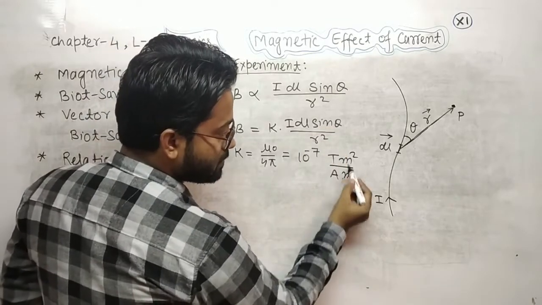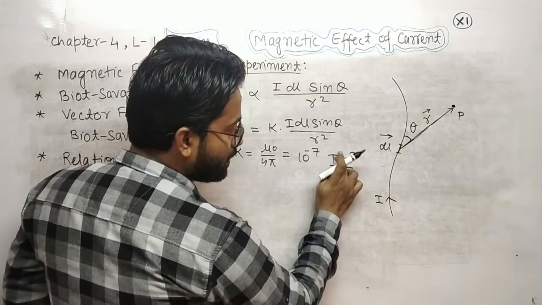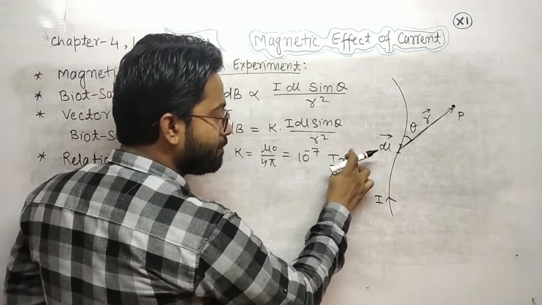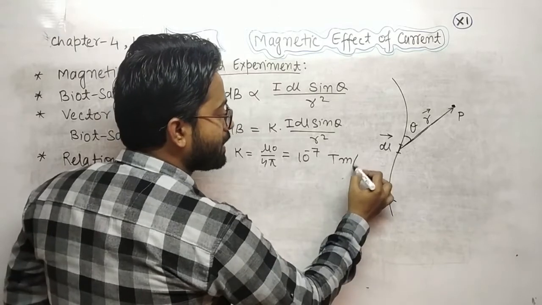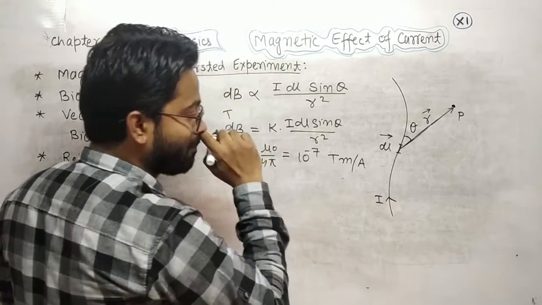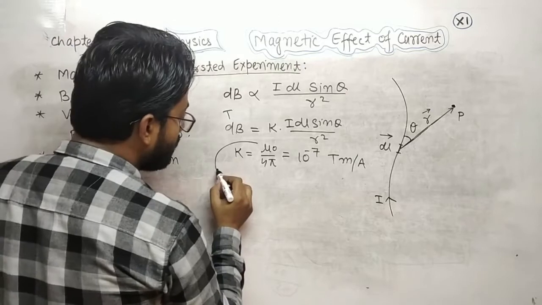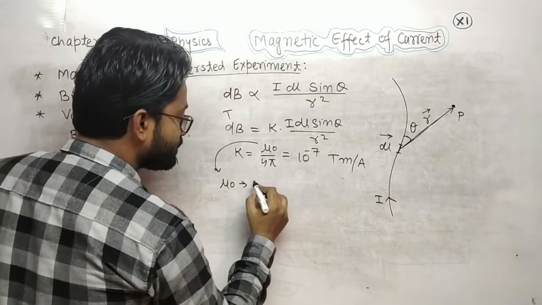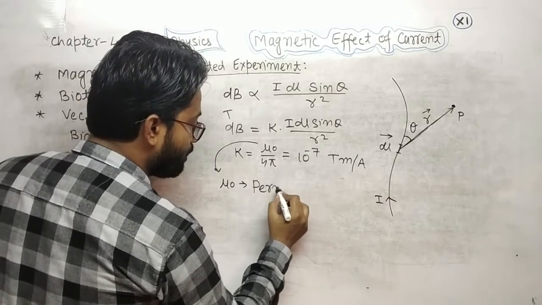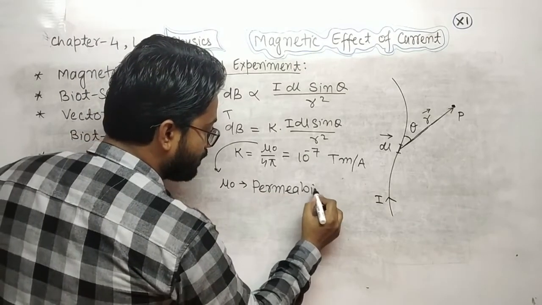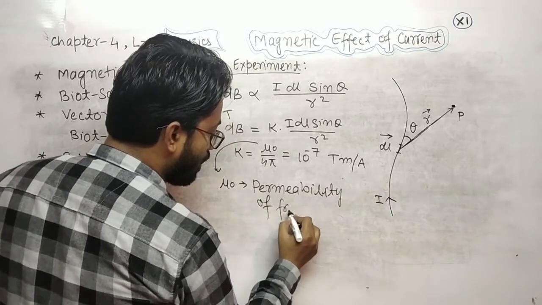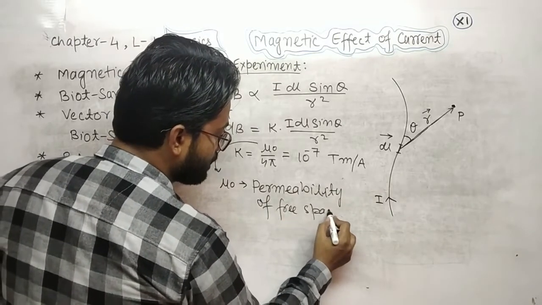Finally, after solving, Tesla meter, 1 meter cancel, Tesla meter per ampere, where mu naught is permeability of free space.